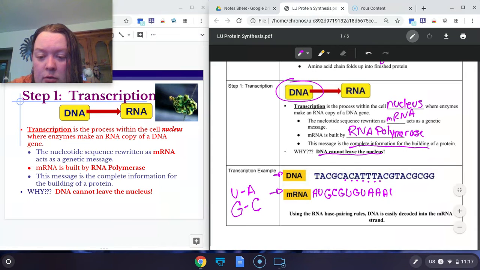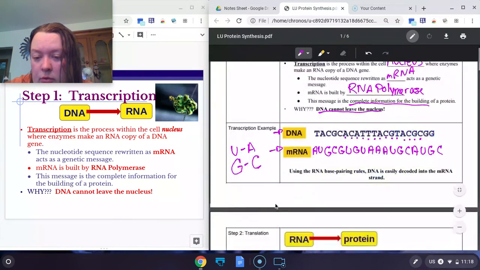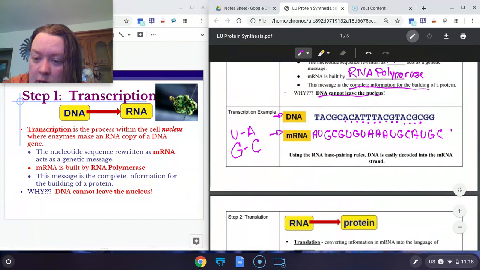A's go with U's. C's with G's. G with C. T goes with A goes with U. C goes with G. G goes with C. I'm going to have to scroll up. C goes with G. G goes with C.